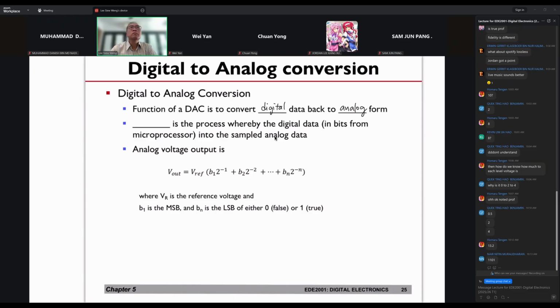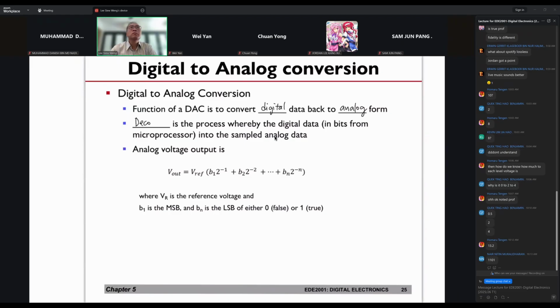So what you need to do is decode it first, and after that, go through a signal smoothing process. We are not going to talk about the smoothing process. We're only going to talk about the digital to analog at that level, just converting it back to an analog signal. The smoothing part is beyond the scope for this module.